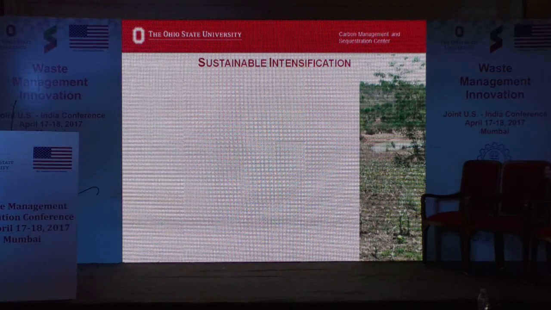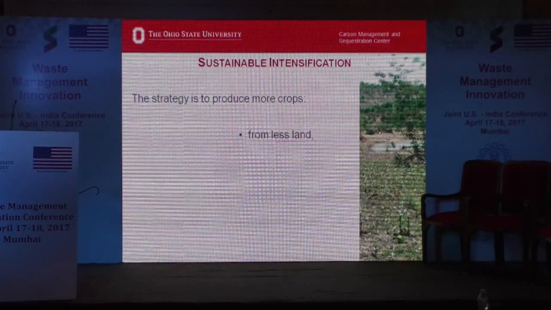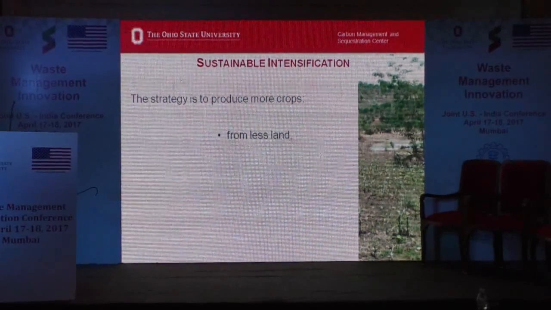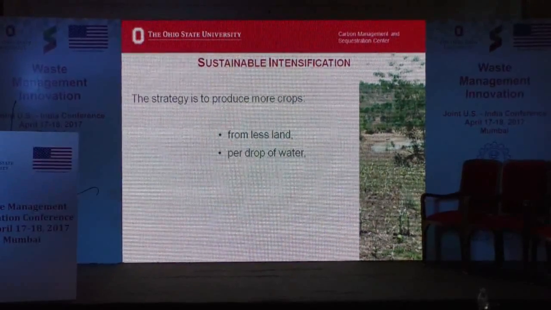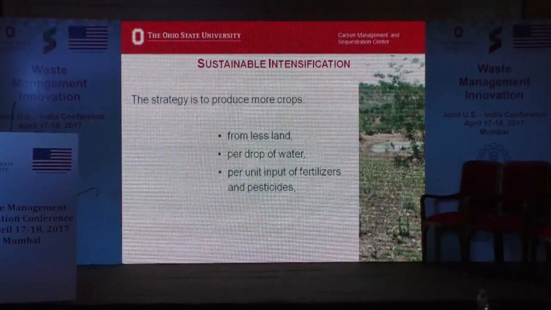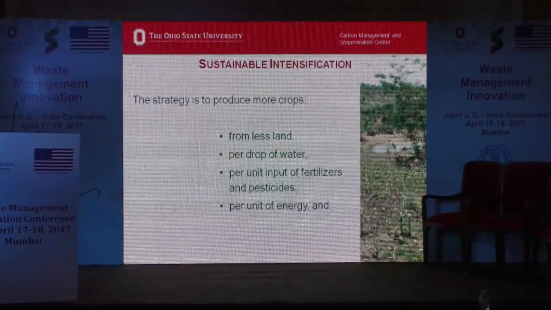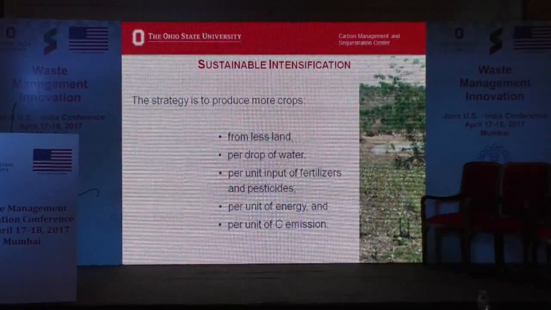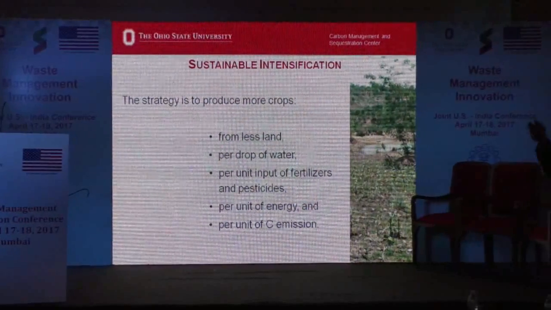My philosophy is grains for people, residue for the land. Unless you maintain that equity between the land and the people, land will deteriorate continuously and the carbon depletion will happen. So sustainable intensification is the strategy of producing more crop from less land per drop of water, per input of fertilizer and pesticide, per input of energy, and that is per unit input of carbon emission.